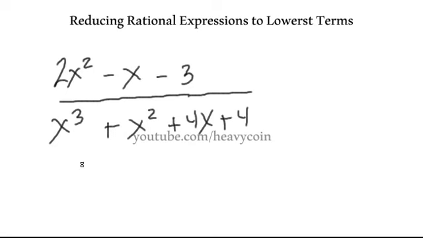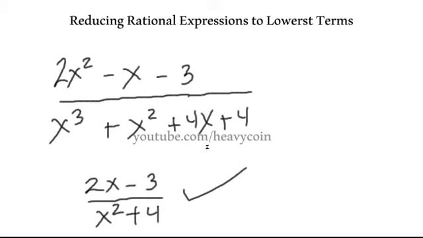Alright, so you pause and try to come up with the answer. Alright, so there's the answer, and you try to reduce this thing down and factor. Factoring this falls under factoring polynomials, I believe. Alright, good luck.